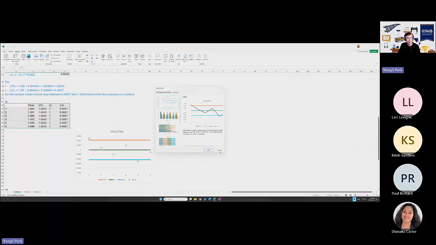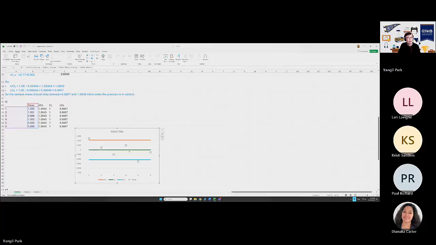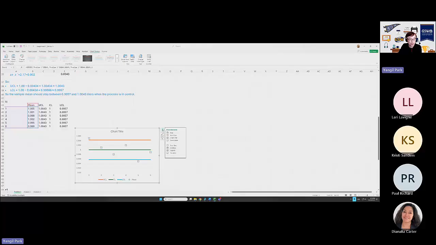Then I selected the sample means, then went to change chart type, so that I can change into a different type of chart. Okay, so that's what I have here.